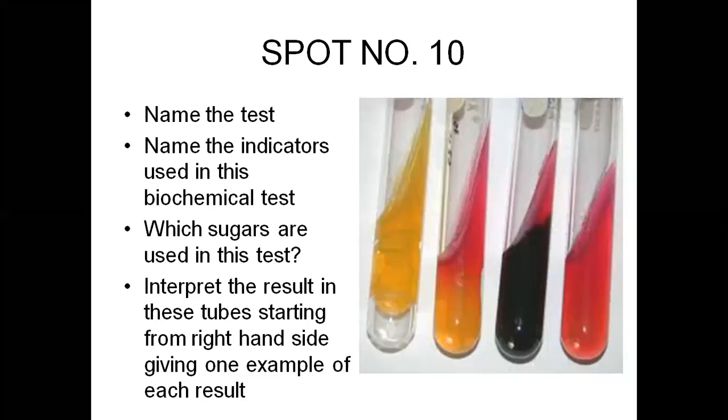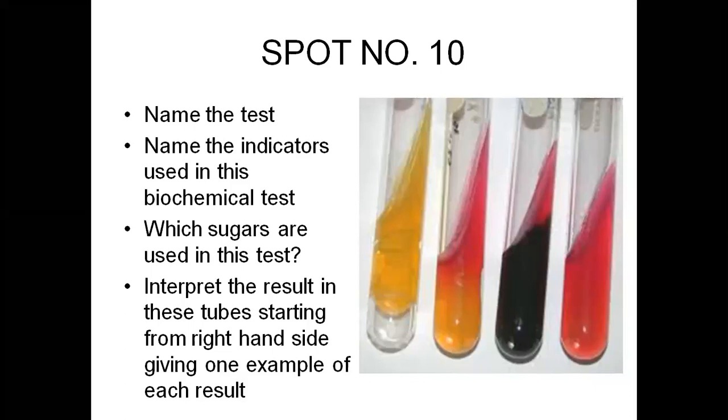But in case of CLED, only the indicator is different. The indicator used is bromothymol blue. The agar is light green in color originally, and if the lactose is fermented, the colony is going to turn yellow. If the lactose is not fermented, the colony is going to turn blue.